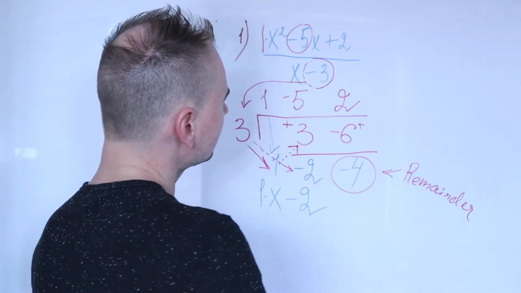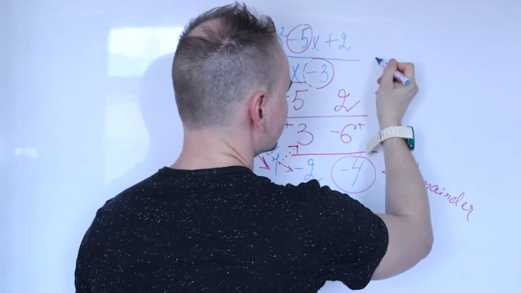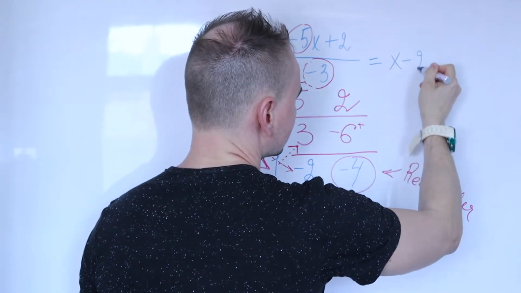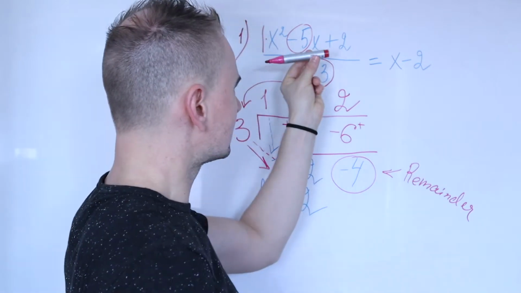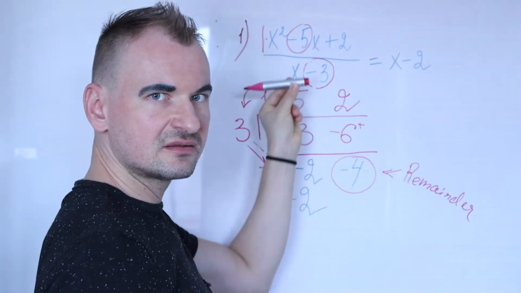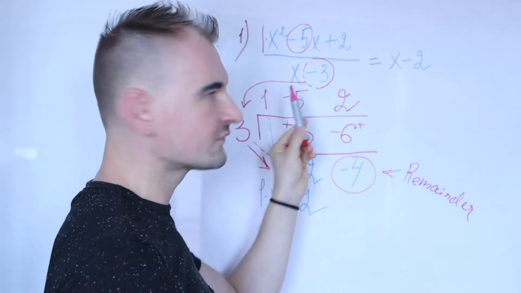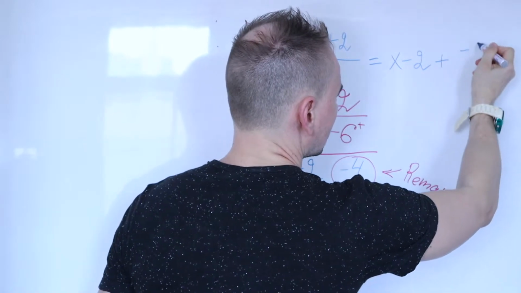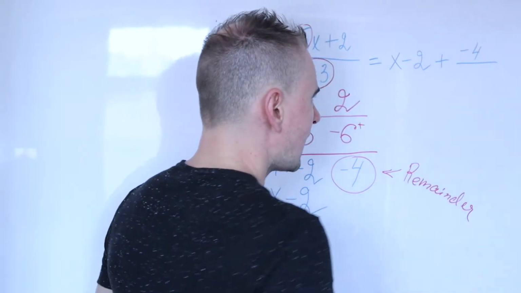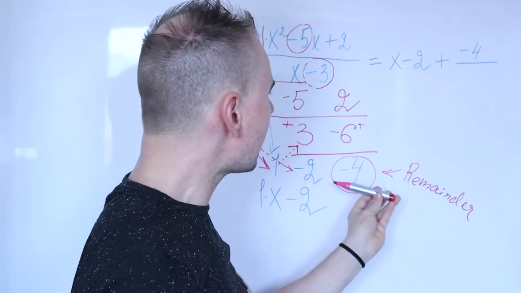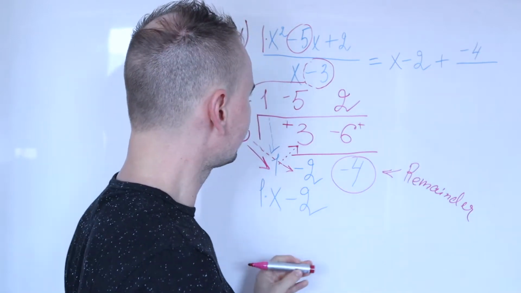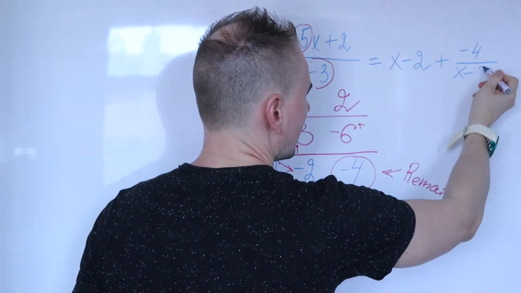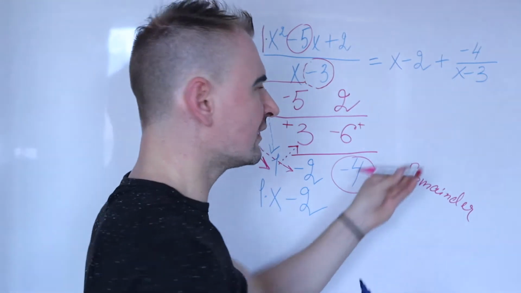So typically we would write the answer as your dividend over your divisor, equal to your quotient, and you place your remainder on top over the divisor.